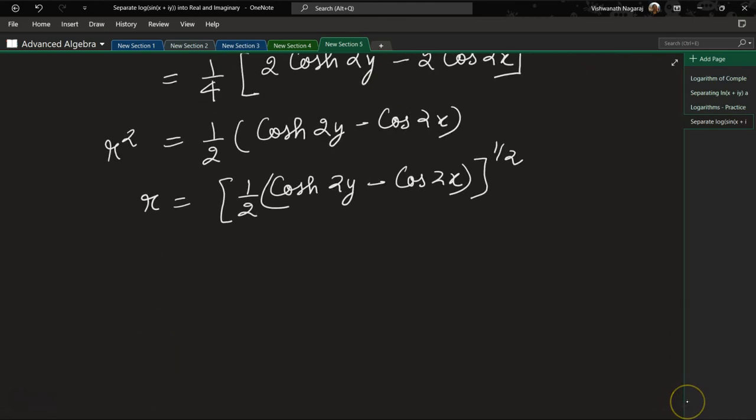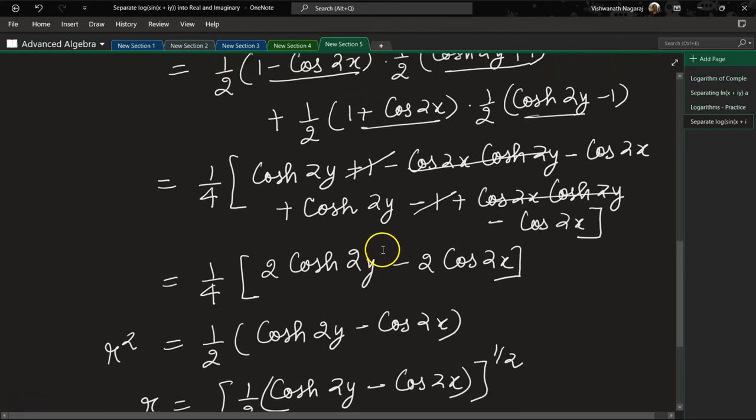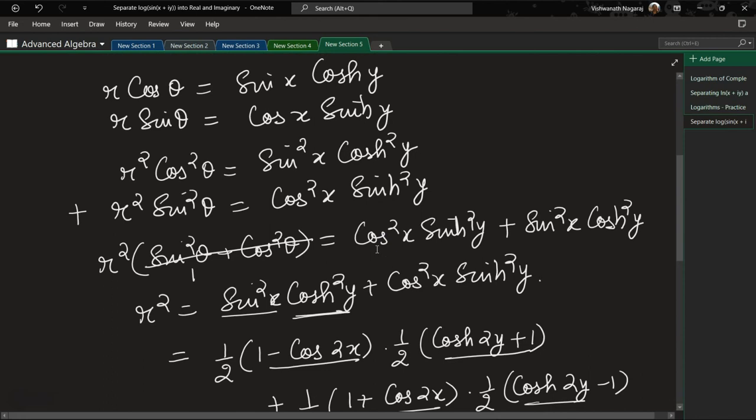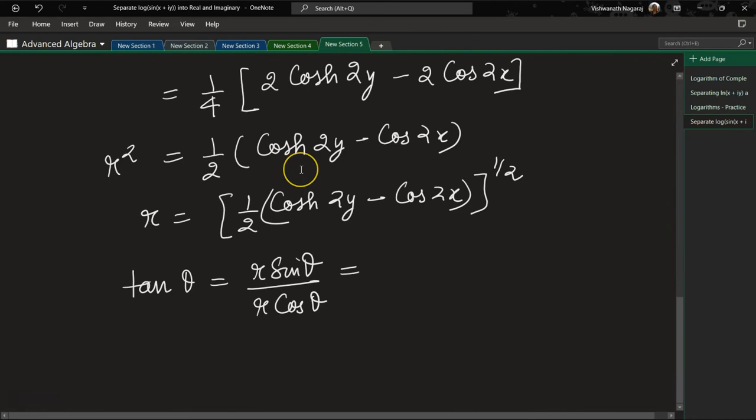Now what do we require? We require tan theta, which can be written as r sin theta by r cos theta. Now r sin theta is equal to what? If you go up, you will notice r sin theta is cos x sinh y. So cos x sinh y by, similarly r cos theta is sin x cosh y.